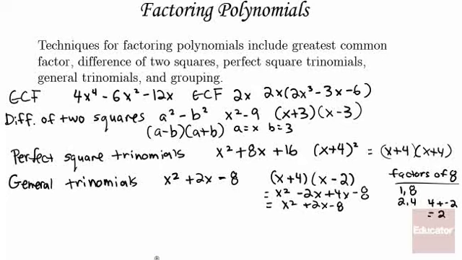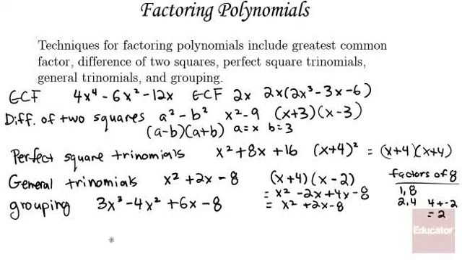Grouping. Recall that we use grouping when we're factoring polynomials with 4 terms. So, factoring by grouping. Let's say you have something such as 3x cubed minus 4x squared plus 6x minus 8. I'm going to handle this by grouping the first two terms and then grouping the second two terms. Now I'm going to pull out any common factors I see.